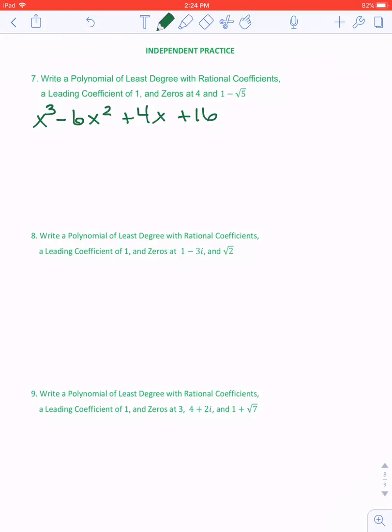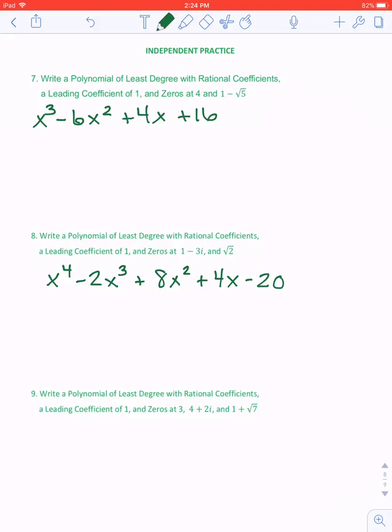On number 8, you should get x to the 4th minus 2x cubed plus 8x squared plus 4x minus 20.